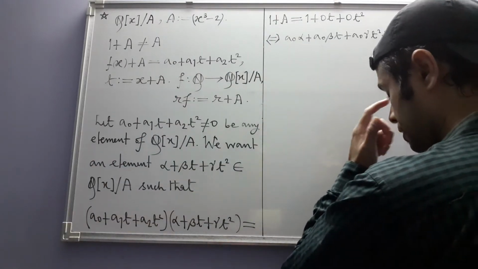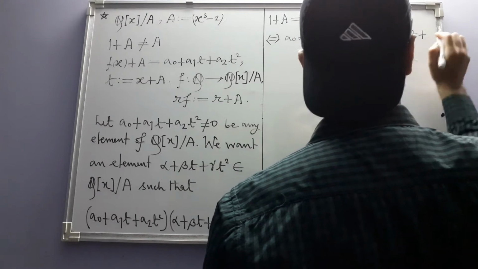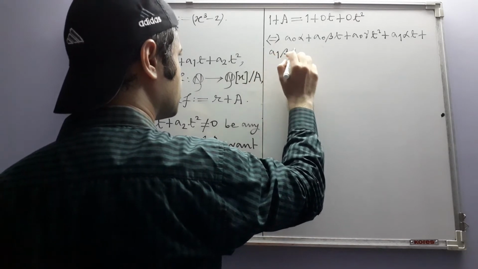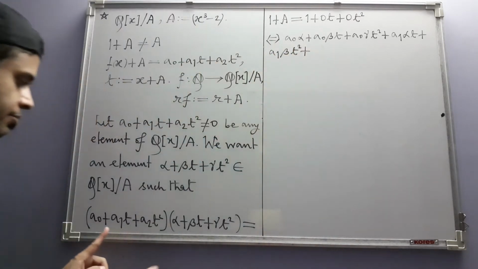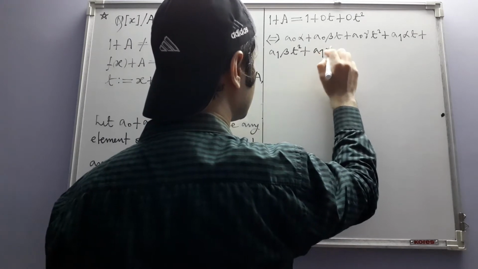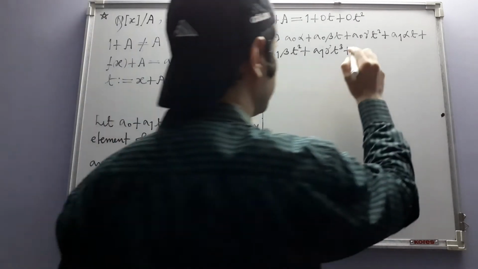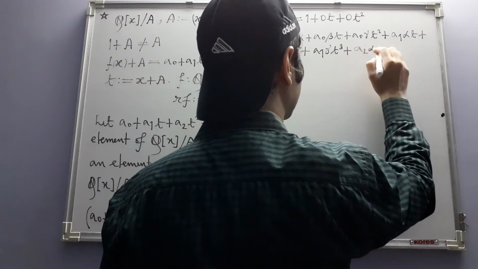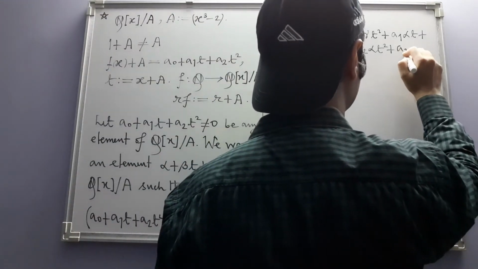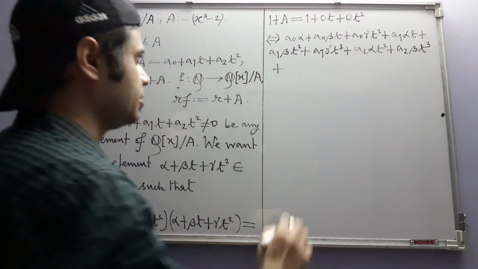Then we multiply by a1t, so a1 alpha t plus a1 beta t square plus a1 gamma t cube, plus then we multiply by a2 t square, a2 alpha t square plus a2 beta t cube plus a2 gamma t to the power 4.